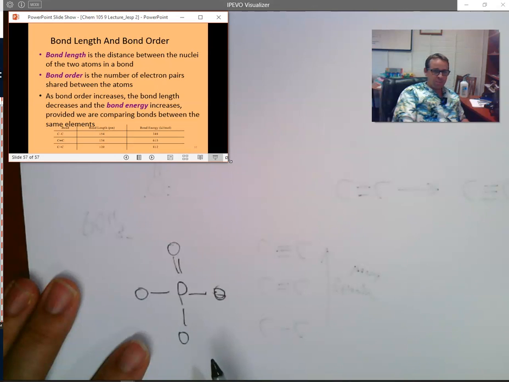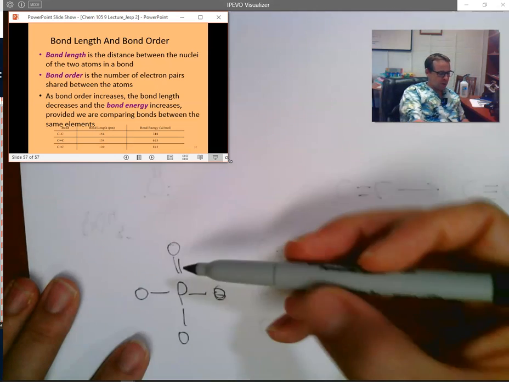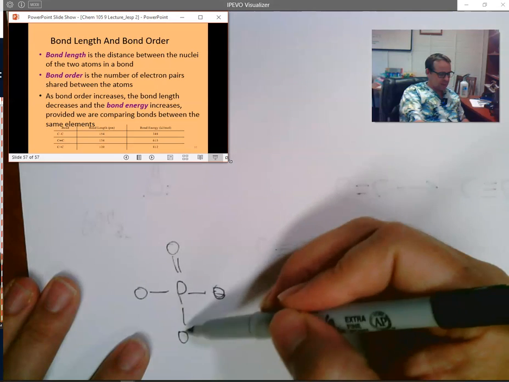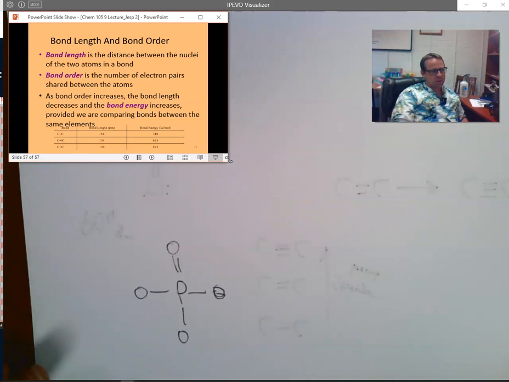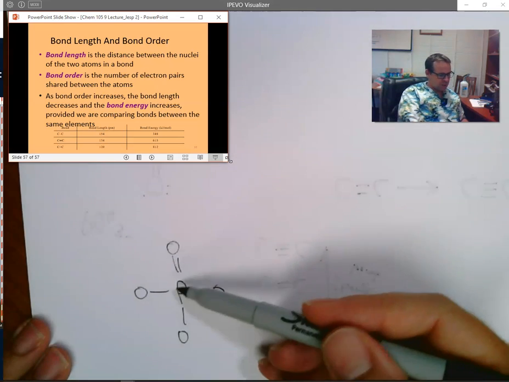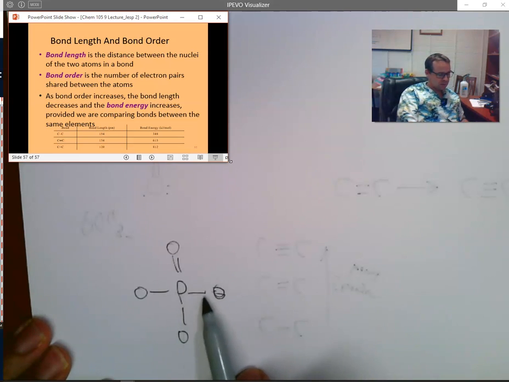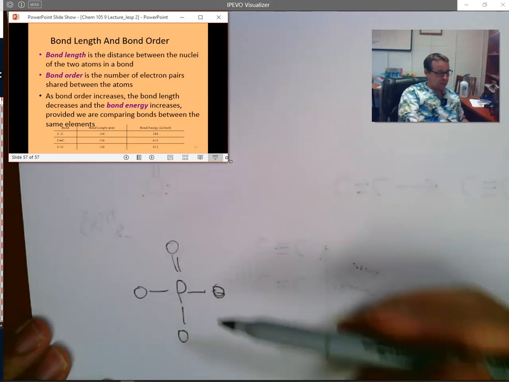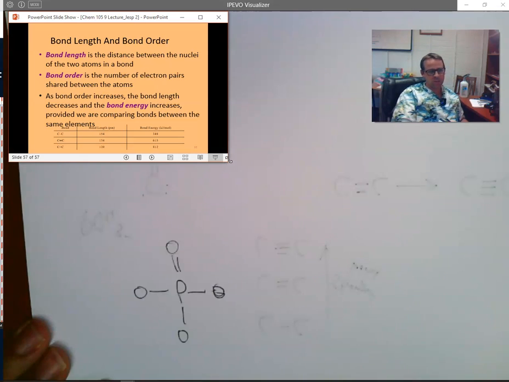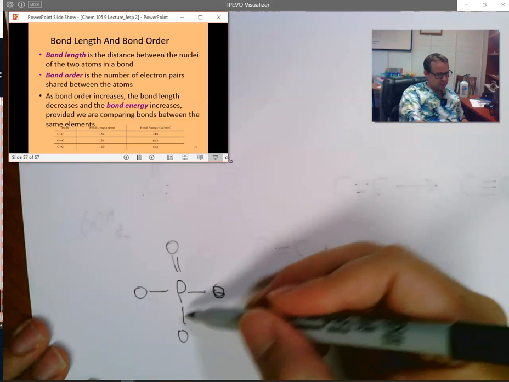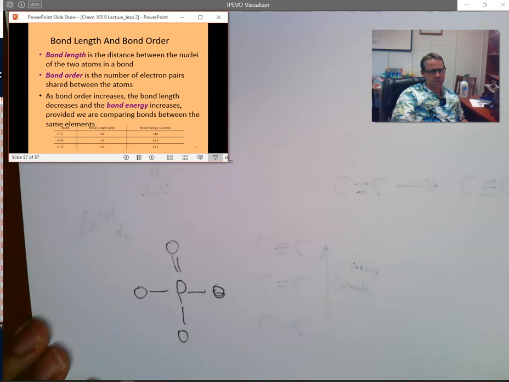In experiments, if you try to measure the length of these bonds, what you find is, on average, each one of these lengths is the same. They're not the length of a single bond, and they're not the length of a double bond. But what they actually are is the average length of 1 double bond and 3 single bonds.